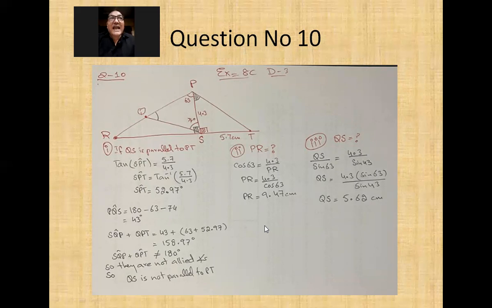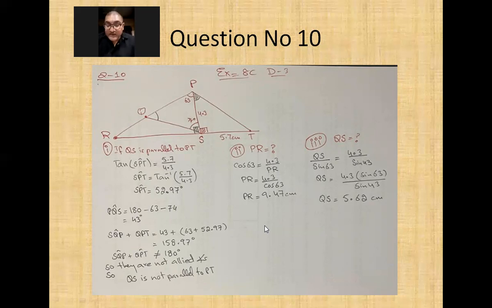Angle PST equals 90 degree. Angle SPR equals 63 degree. Angle PSQ equals 74 degree. The side PS equals 4.3 centimeter. And the side ST equals 5.7 centimeter.